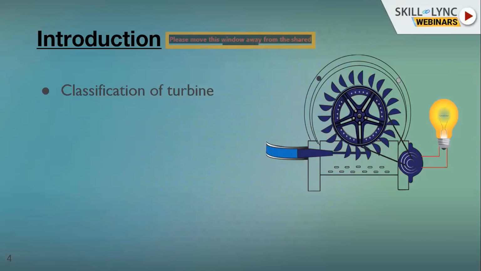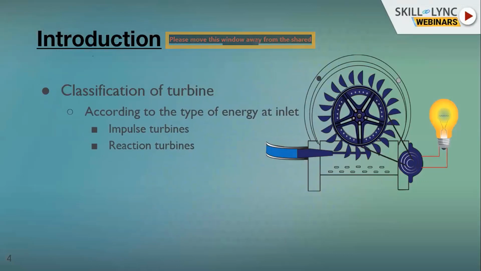Types of turbine, which we put into real practice, are three: the Pelton turbine, the Francis turbine, and the Kaplan turbine. Now our topic of interest is how the classification of turbines will be, depending upon electricity generation. The first and foremost classification is according to the type of energy at inlet.